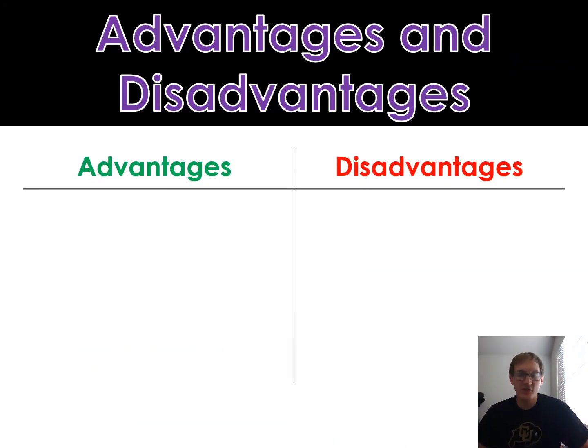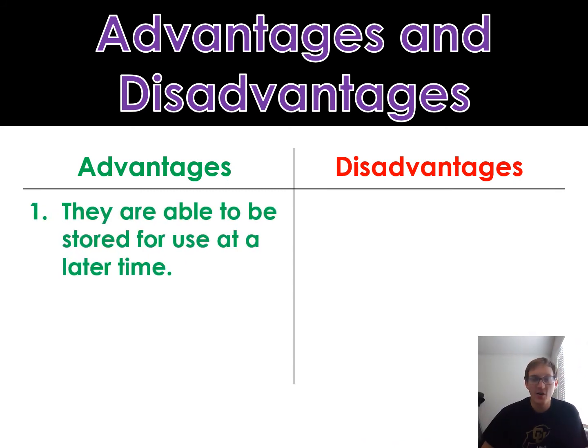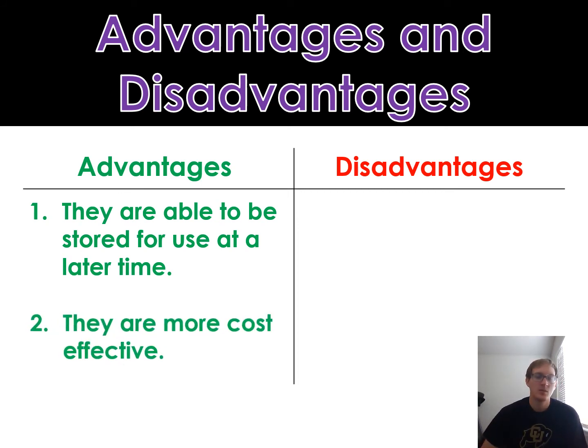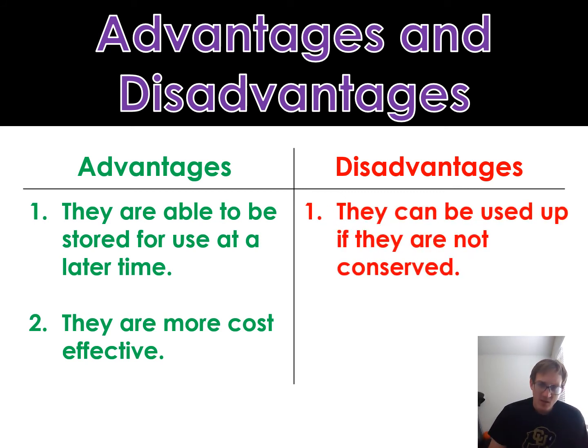All right, advantages and disadvantages, just like renewable. Advantages: they are able to be stored for use at a later time. They are more cost effective. Another advantage that goes hand in hand with the cost is that they are able to be turned into energy at a higher efficiency.